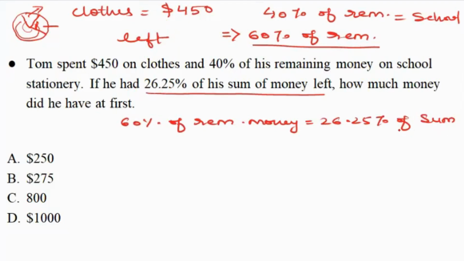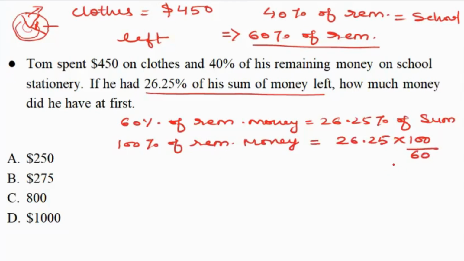Correct? So from here, if we take 100% of the remaining money, that will equal 26.25% times 100 by 60. Correct? That we can do.